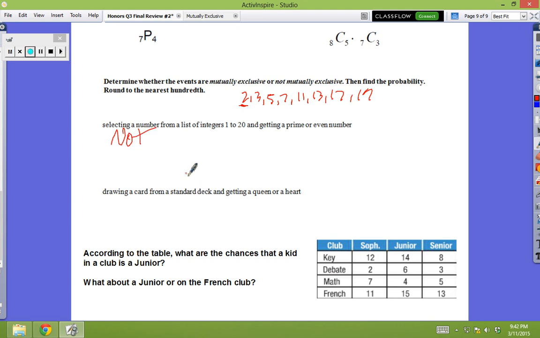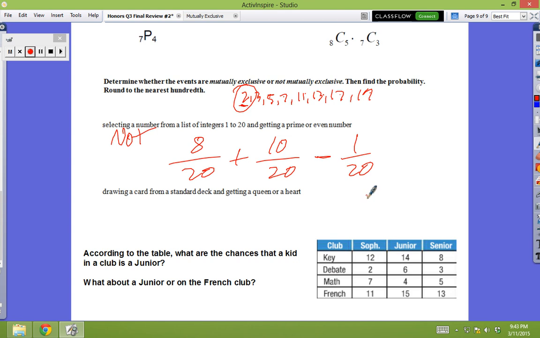So the chances of choosing a prime: 1, 2, 3, 4, 5, 6, 7, 8. 8 out of 20. The chances of getting an even are 10 out of 20. So the chances of doing that or that, I'm going to add my chances together, but I've got to subtract this one that was counted twice in both groups, so subtract 1 out of 20.